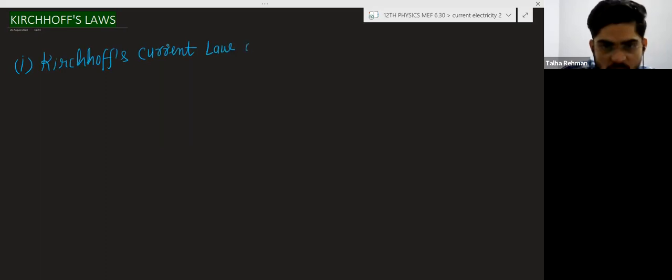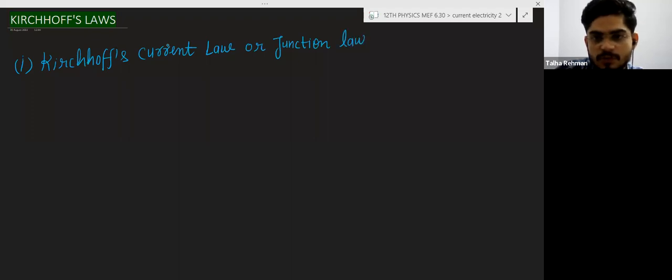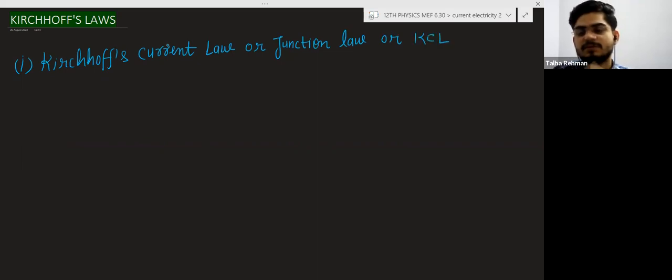This is also known as Kirchhoff's current law, or the junction rule, or junction law. In short form we say it as Kirchhoff's current law, KCL.